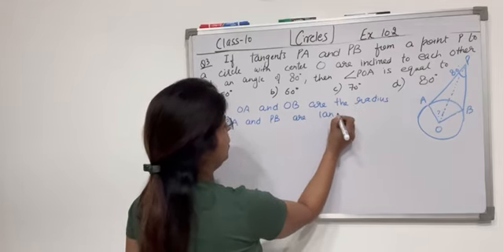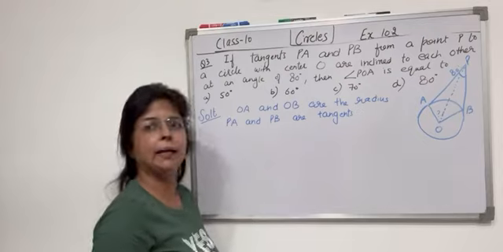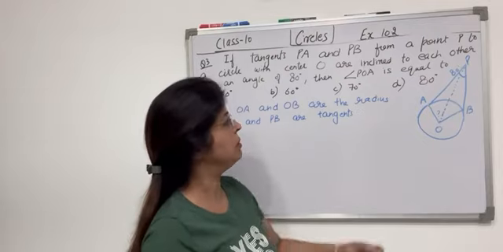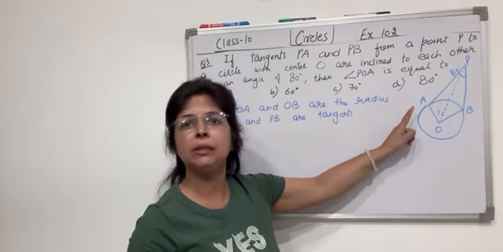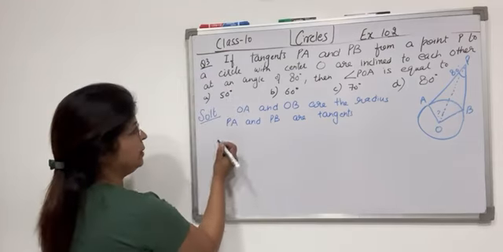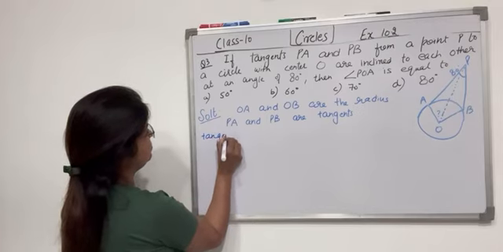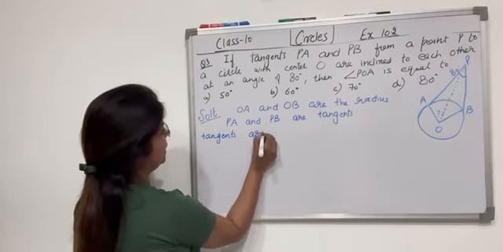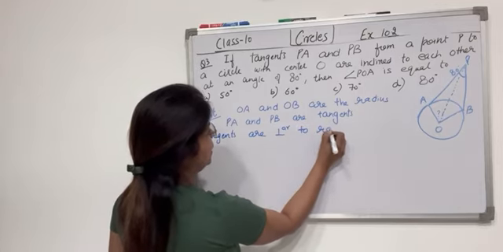Let's try to recall one of the theorems, and we have done it in so many questions also: tangents make an angle of 90 degrees with the radius. It means tangents are perpendicular to the radius.